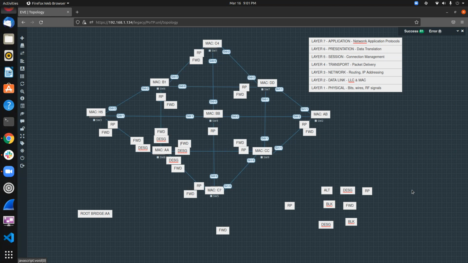Then he asked you about the roles. What is the role of a root port? It's forwarding. The role is to forward. What is the role of a designated port? To forward. Exactly. That's what he was trying to get you to come around to. The role of a designated port is to forward.